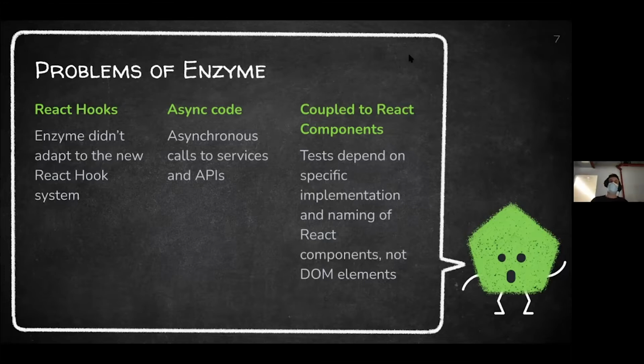The last problem for me, well, there are more problems, but the main problems are those things for me, is that it's pretty coupled to React component names. When you have a component that you are testing that depends on another component, you can search for it by its name.